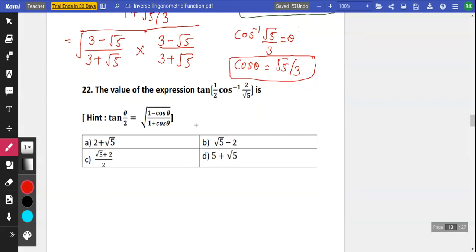This question is the same as the previous question. Again, suppose cos inverse 2 upon square root of 5 is equal to theta. It becomes cos theta is equal to 2 by square root of 5.